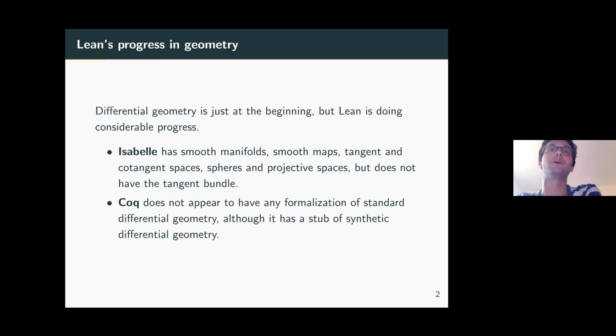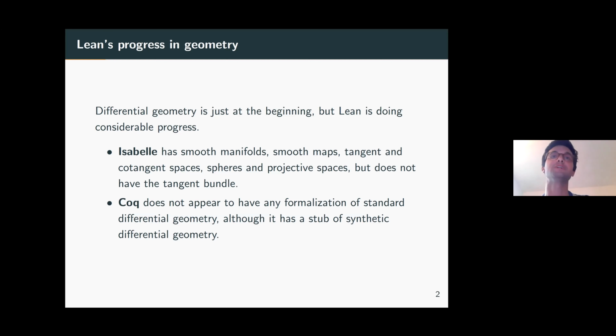I wrote here about two other famous proof systems that also rely on type theory. Isabelle, for example, which relies on simple type theory, has a formalization of differential geometry that contains most concepts that Lean also has, but for example, it does not have the tangent bundle.